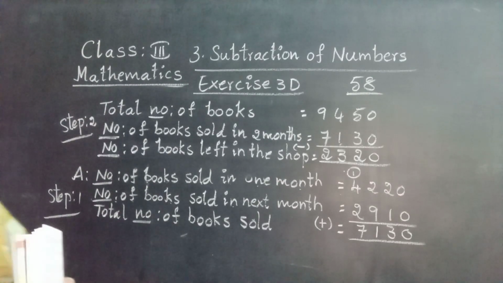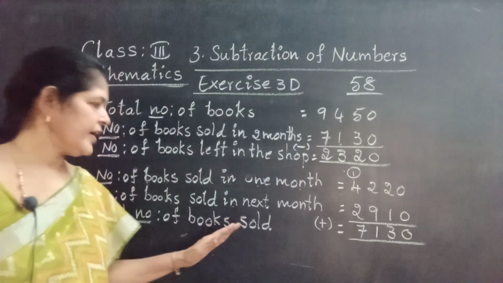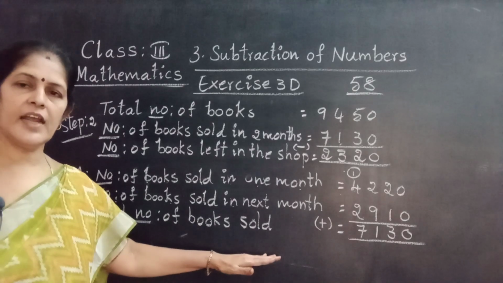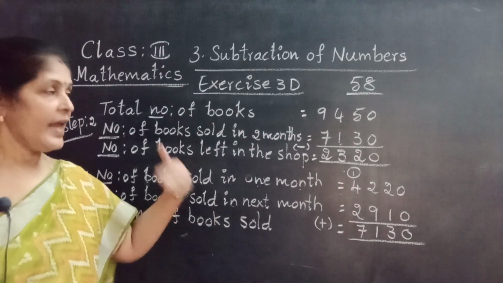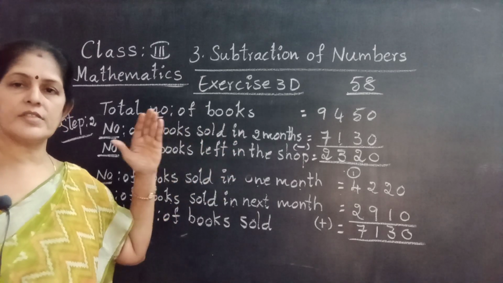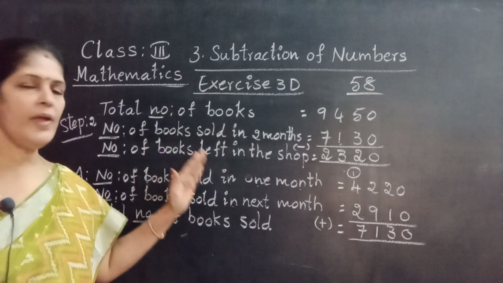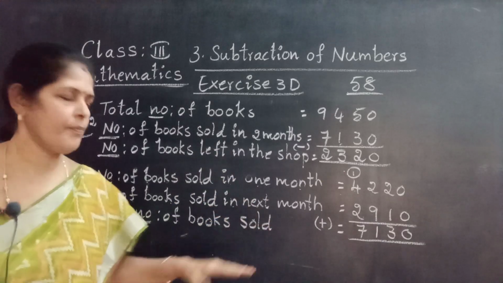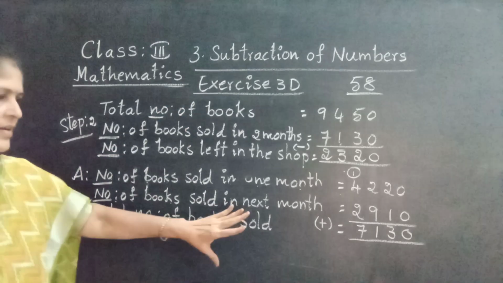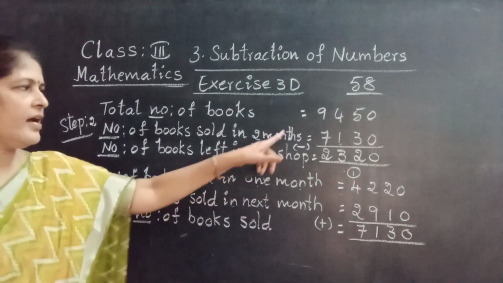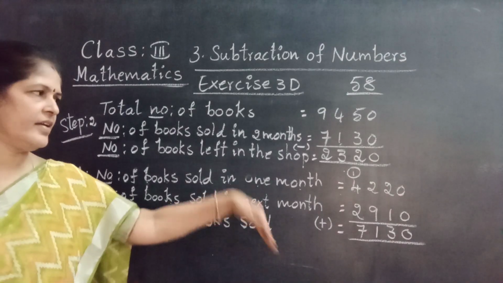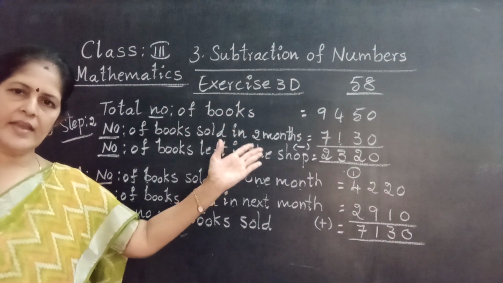In this word problem, we take 2 steps. First, find the total number of books sold. Next, total number of books minus number of books sold. Then how many books are left in the shop? First step, second step, using addition and subtraction. The first answer we get by addition. The second answer we get by subtraction.